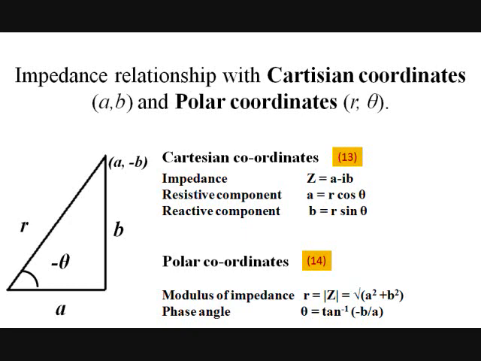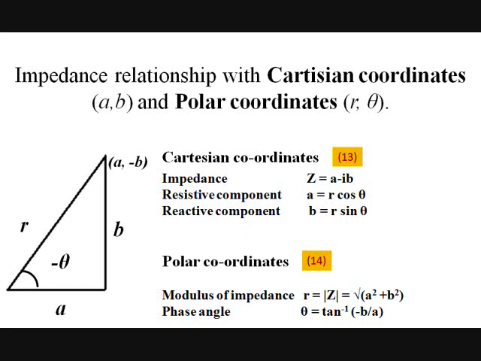These impedance relationships are defined in both Cartesian A, B and polar r, theta forms as given by relations 13 and 14. The sign of B and theta is positive for inductive components and negative for capacitive components, but is conventionally plotted in the first quadrant of the Nyquist complex plane plot.